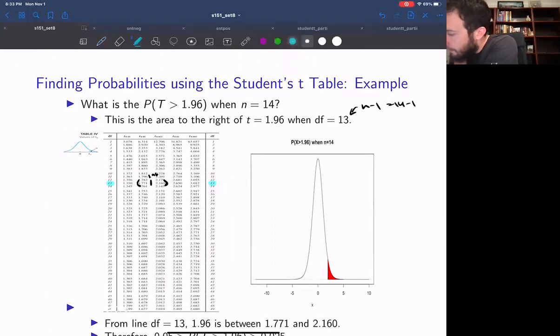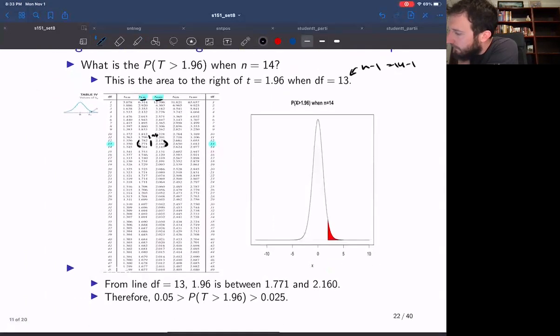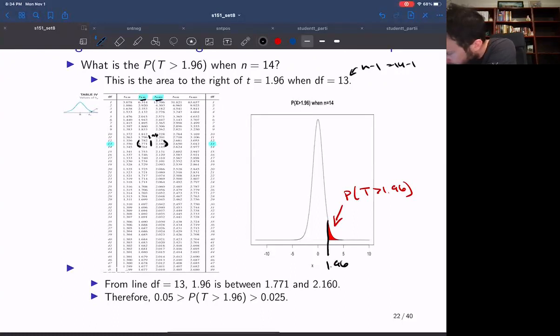Okay, so that means that the area of interest is going to be between the two tail probabilities that are shown here. You can see in the graph, I've highlighted what we're looking for. This is the probability that t is greater than 1.96. Just like before, this value here is our boundary value, 1.96. What we're trying to find is this red shaded part here, the area underneath the curve.